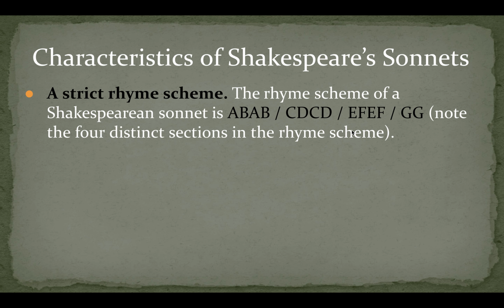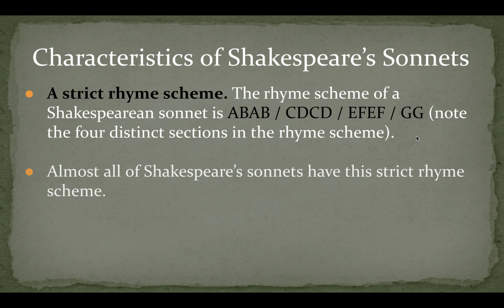And in a line of text, you would represent that rhyme scheme like this: A, B, A, B, / C, D, C, D, / E, F, E, F, / G, G. Now, note that these slashes signify the different distinct sections in the poem and also in the rhyme scheme. Almost all Shakespeare sonnets have this strict rhyme scheme. We'll talk a little bit more about that here in a minute.